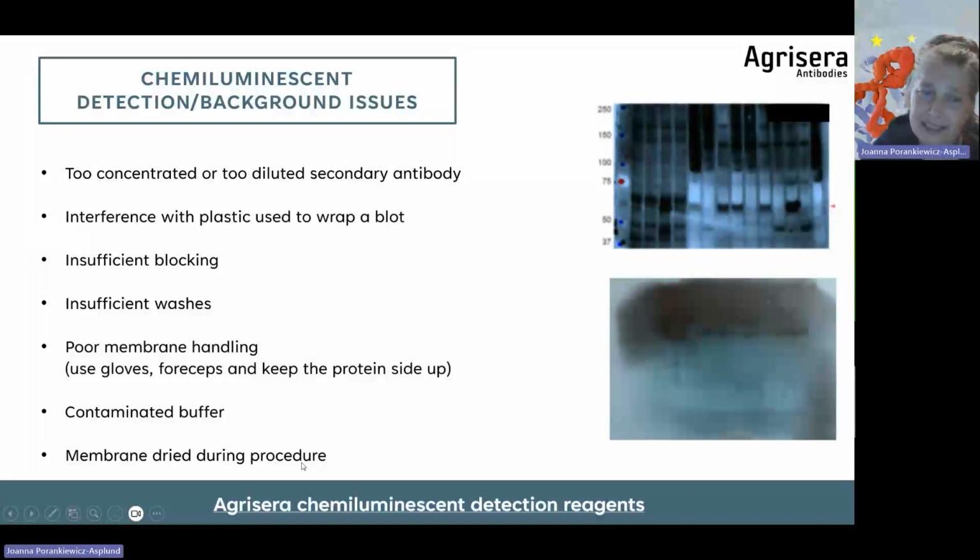And also, increased background can be due to drying of a membrane during the procedure. So all these parameters can influence the outcome. And as you see here, it is not the antibody, but other factors which may influence that your blot does not look too good.